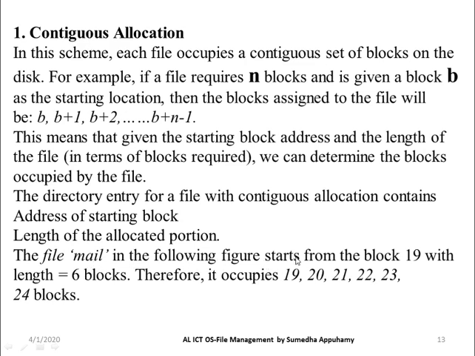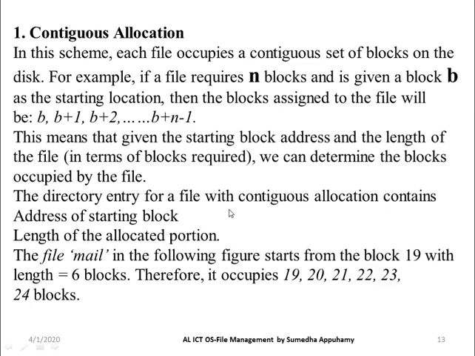In the following figure, it starts from block 19 with a length of 6. So we start from block 19: 19, 20, 21, 22, 23, 24. That is 1, 2, 3, 4, 5, 6. Six nearest, adjacent blocks are taken to store the file mail.